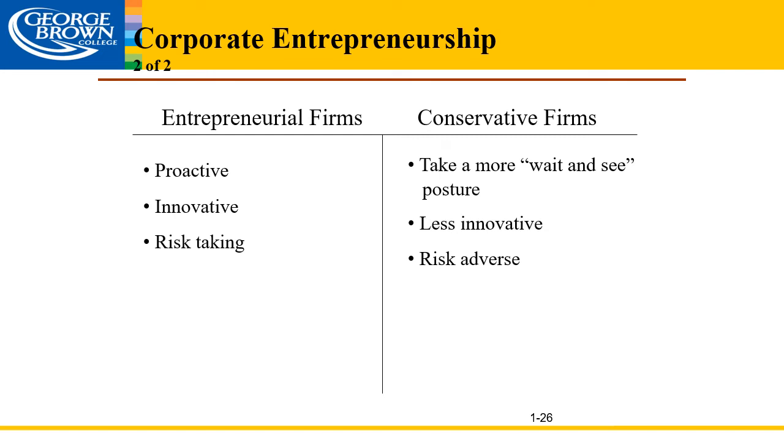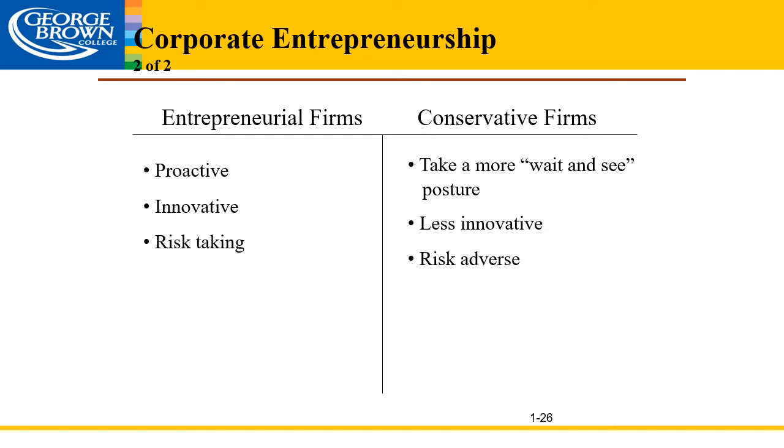So entrepreneurial firms and even entrepreneurs themselves are much more flexible. They tend to be very fluid organizations with horizontal organizational charts as opposed to vertical. Okay, whereas conservative firms tend to be more bureaucratic and follow a lot of isomorphism.